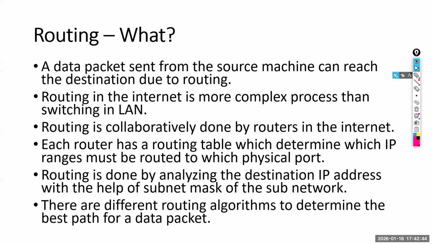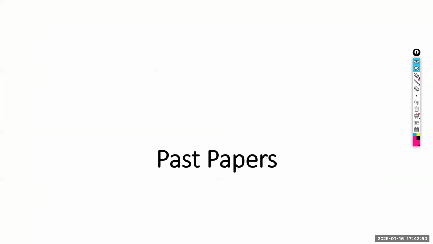It's based on IP addresses. Routing is done for the data packets, not data frames. Okay. Right. So now we have done our topic, layer 3, the biggest layer. Biggest layer means syllabus wise. Okay.